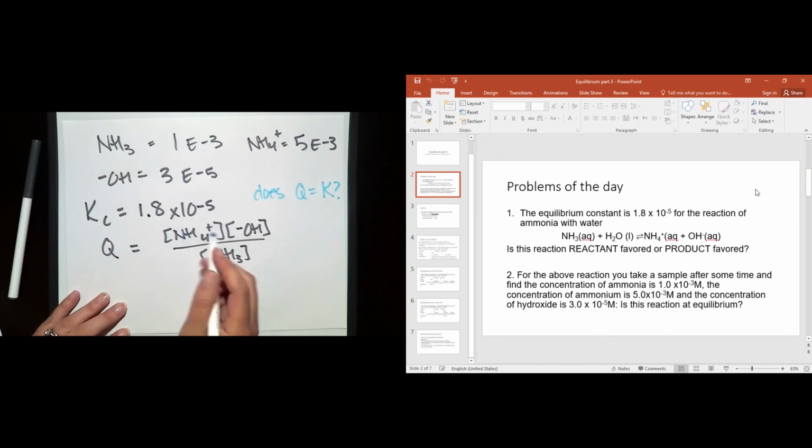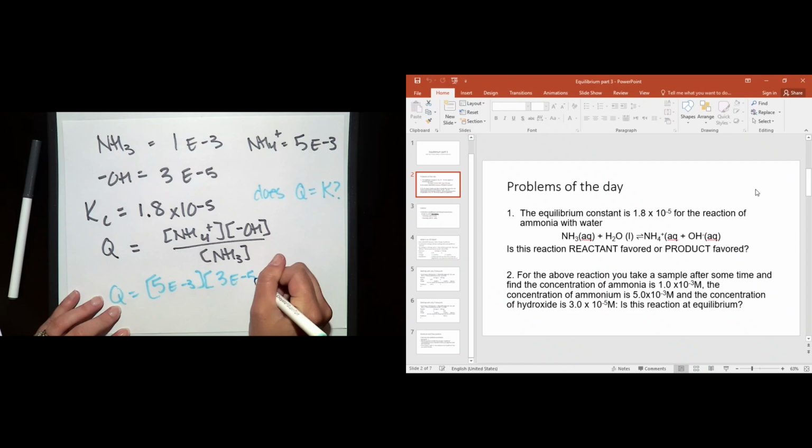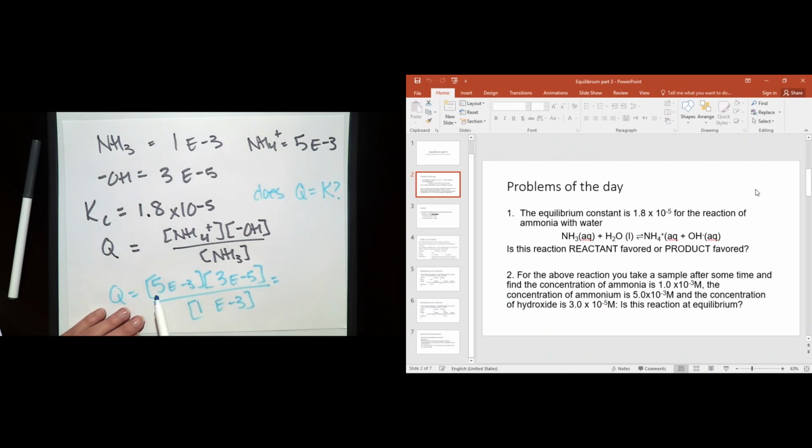Okay, so I'm going to plug in these values. 5 times 10 to the minus 3 times 3 times 10 to the minus 5 divided by 1 times 10 to the minus 3. Okay, so 5 times 3 is 15 divided by 1. Negative 3 plus negative 5 is negative 8. Minus negative 3 is negative 5.